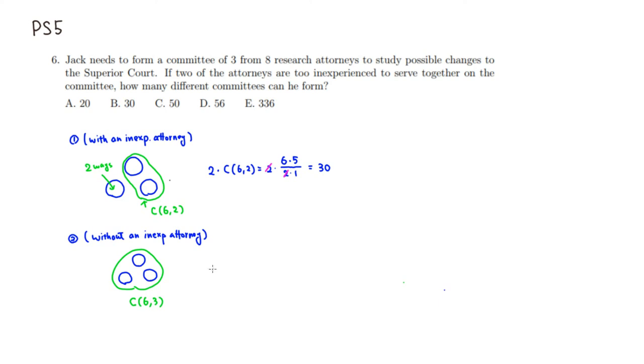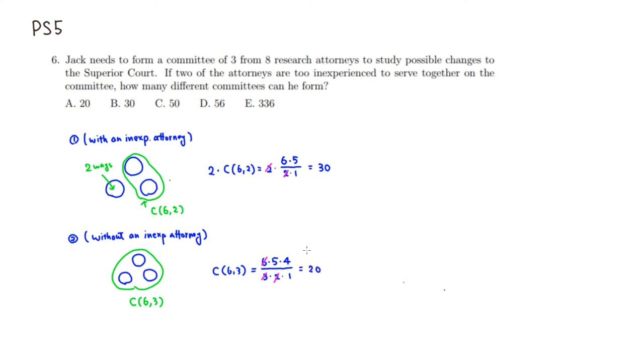C 6, 3 is going to be, start with 6 and go down 1 by 1 until you get 3 factors, and divide by 3 factorial, so 3 times 2 times 1. So we can cancel the 6 and the 3, 2, and 5 times 4 is 20.